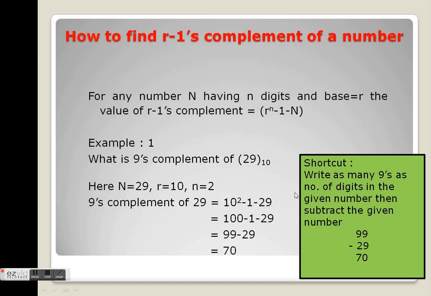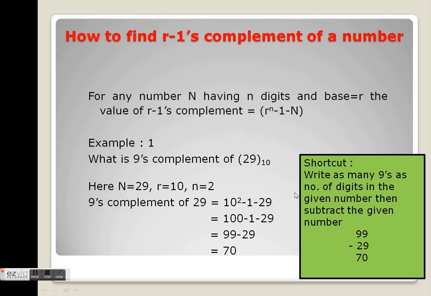Students, we also have a shortcut for finding the 9's complement of any number. In this case, we will write 9's equal to the number of digits that the number contains, and after that we will subtract the given number from that number.